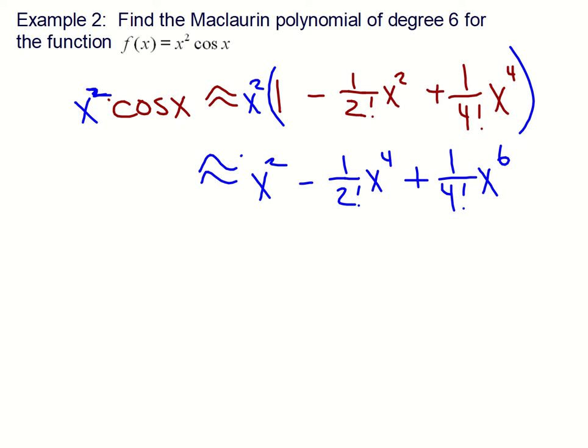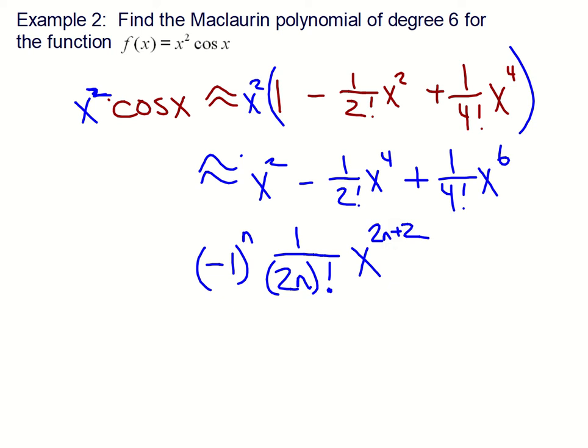If I wanted the general term for that, I can just use the general term that I've already made because I don't want to redo that work. So that was negative 1 to the n, and then I had 1 over 2n quantity factorial, and then I had x to the 2n power. Well, now I'm going to have x to the 2n plus 2 power, because I would be multiplying it by x squared.